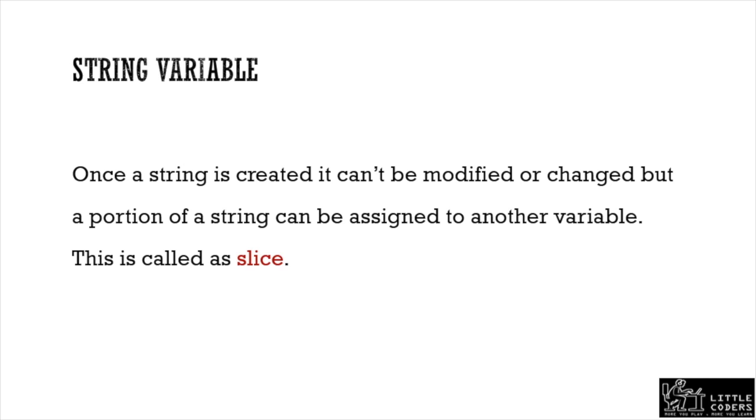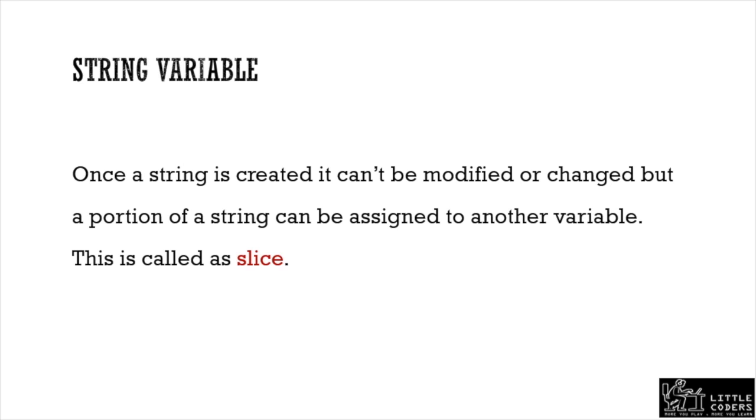That is what it means here. It cannot be modified or changed, but a portion of a string can be assigned to another variable. Some of the characters within this name can be stored as another variable name, or the entire string can be stored as another variable.